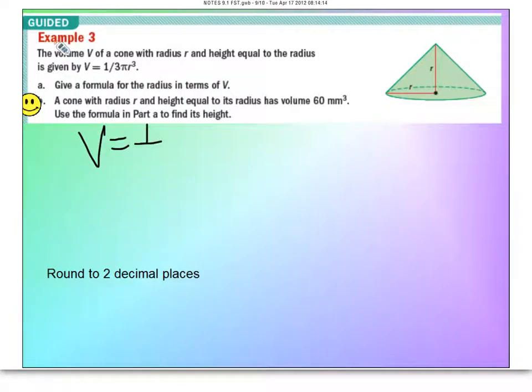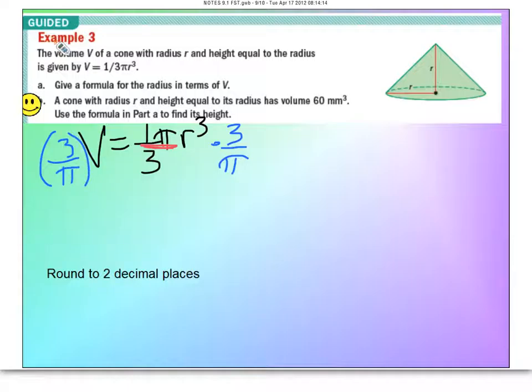So all we have to do is the algebra to get r by itself. Now, one thing I can do is notice that 1/3 times pi is really just pi over 3. And to get rid of the fraction pi over 3, a really nice way to do it is multiply by the reciprocal, 3 over pi. So I'm going to multiply by 3 over pi over here.